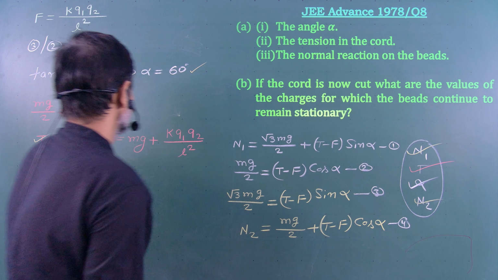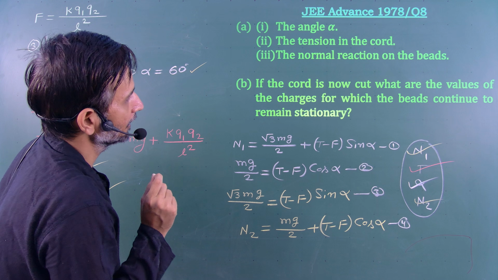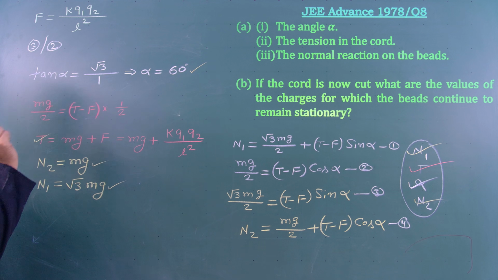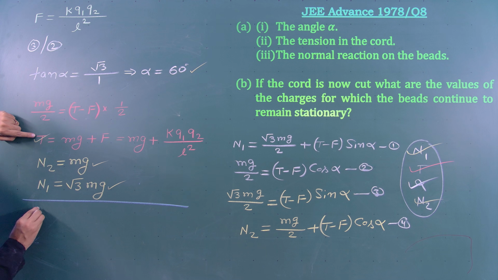Now this question said to find the value of charges so that after cutting the tension both the beads remain at rest. It means that when we cut the cord, this T becomes 0. Now for the second part, this T becomes 0.